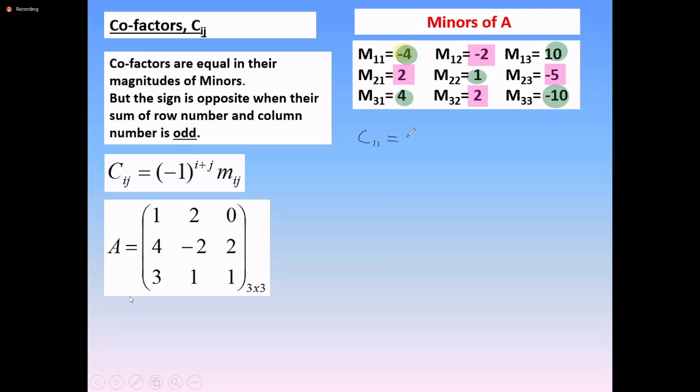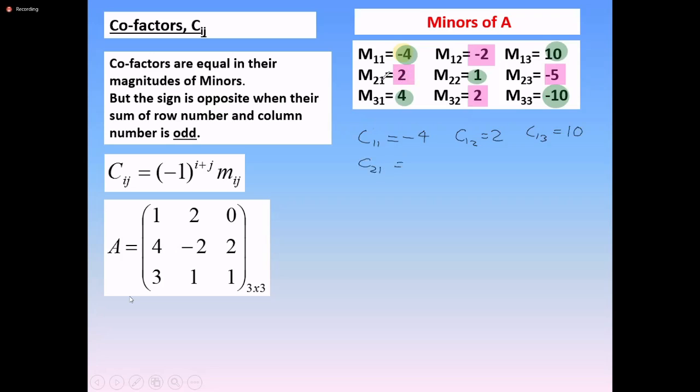C11, that is same as minor value. C12, here -2, then it changes, then it is +2. C13. Here you can see M13 is 10, and this diagonal position, then C13 also same. C21. It is not in a diagonal position.